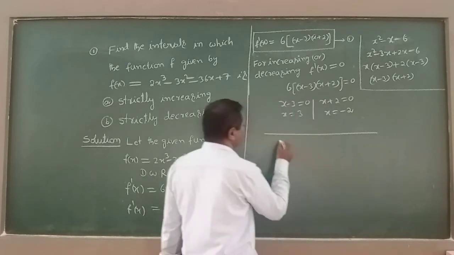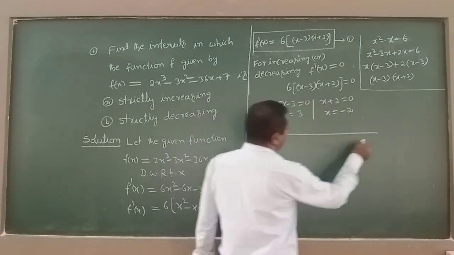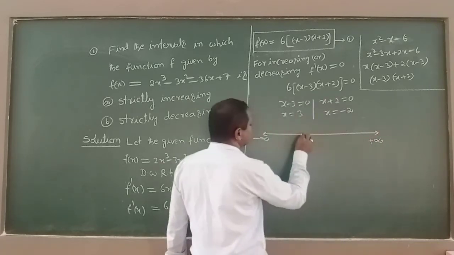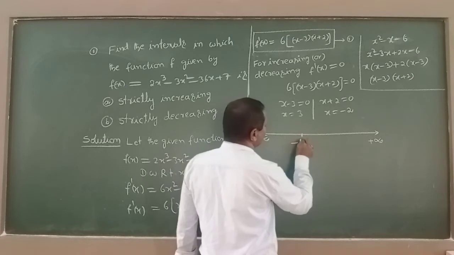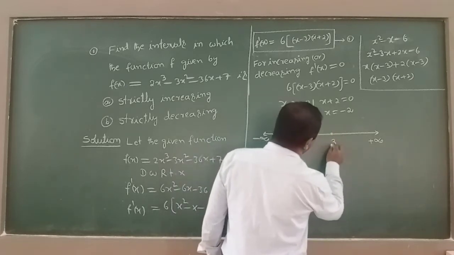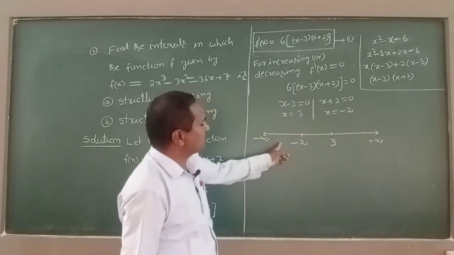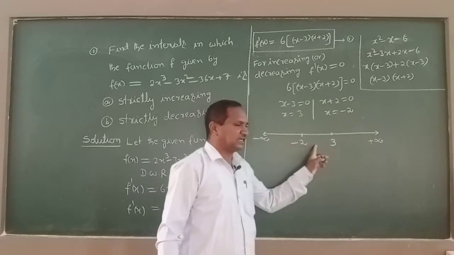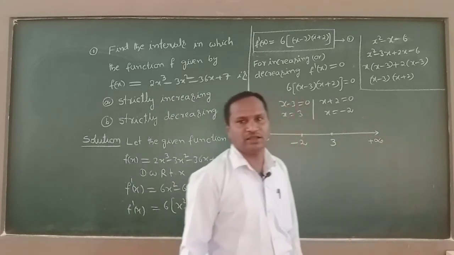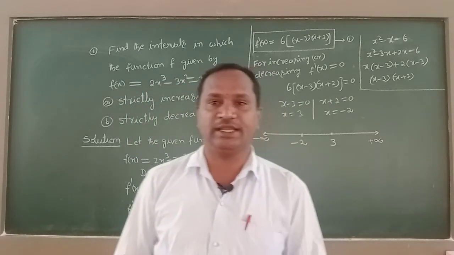One side is minus infinity and one side is plus infinity, and between them first comes minus 2, next comes 3. Like that we get 3 intervals: minus infinity comma minus 2, minus 2 comma 3, and 3 comma infinity.